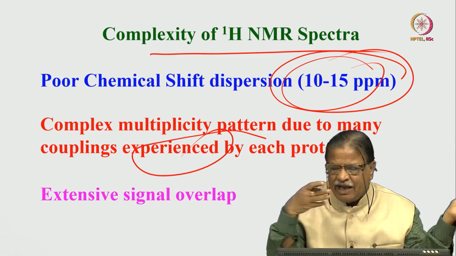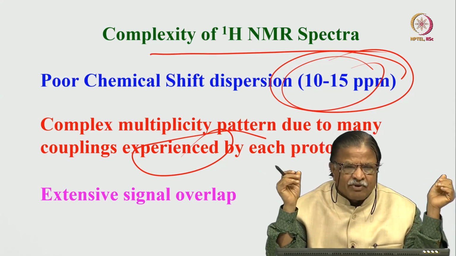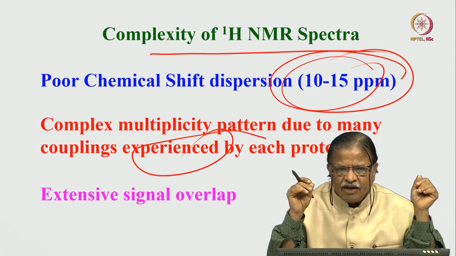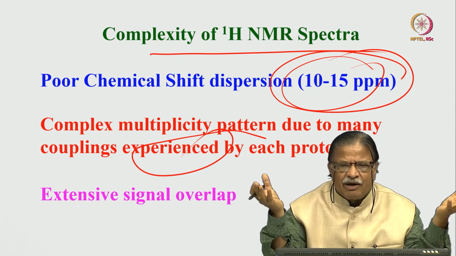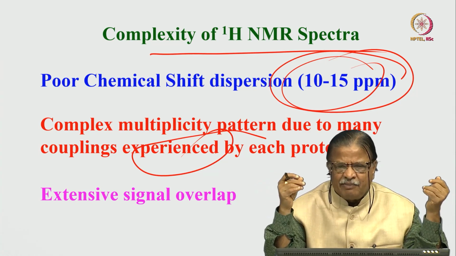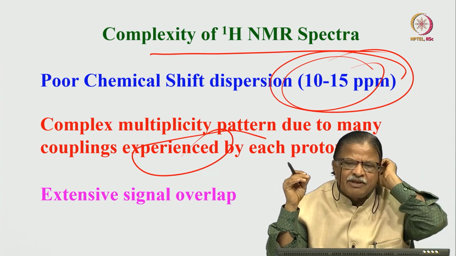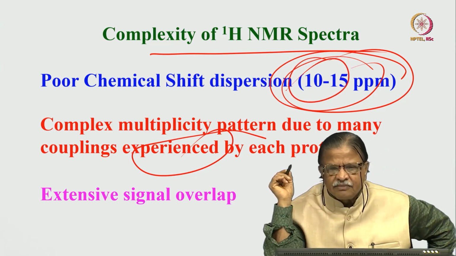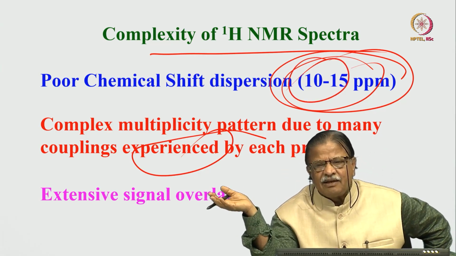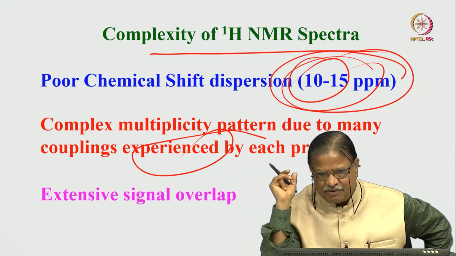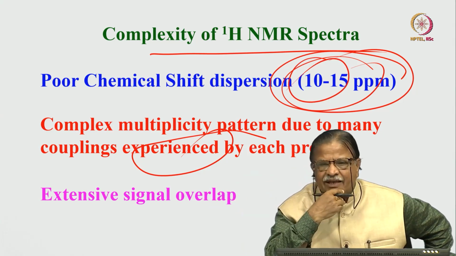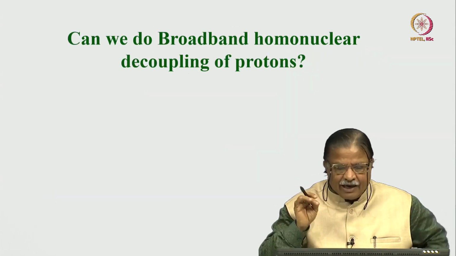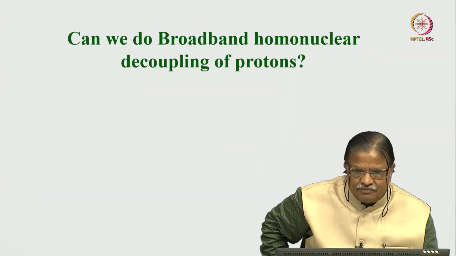In many of the examples we took in the analysis of proton spectra and other heteronuclei, they were all fairly simple. If you have a slightly bigger molecule, it is not easy when the multiplicity becomes more. So the complexity of the spectrum comes from poor chemical shift dispersion and each spin experiencing pairwise interaction with a lot of other spins, which gives rise to extensive signal overlap, complicating the spectrum. All right, what can we do to overcome that?